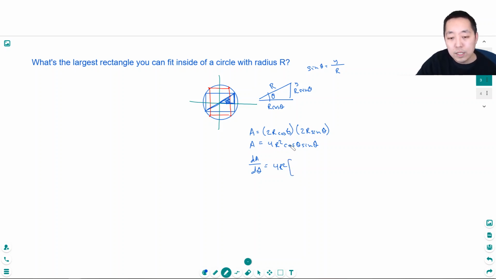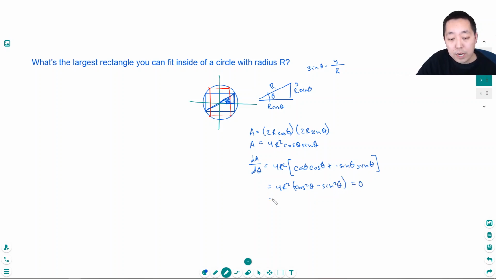The derivative of this, I have to do the product rule. It's cosine theta times the derivative of sine theta, which is cosine theta, plus the derivative of cosine theta, which is negative sine theta, times that sine theta. So that's equal to 4r squared times cosine squared theta minus sine squared theta. I want to know when this is equal to 0.